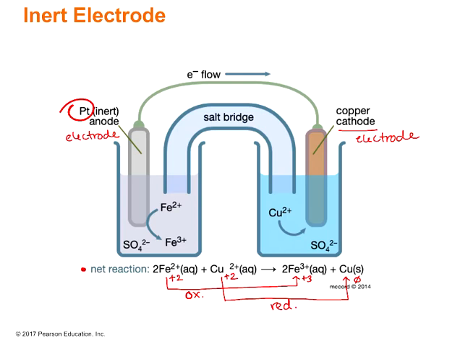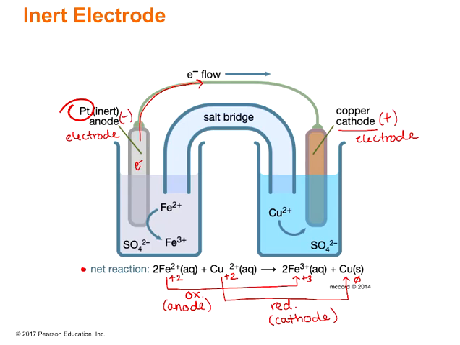Now remember, oxidation occurs at the anode, and reduction occurs at the cathode. All right, so then we know that the iron oxidation will be on the left-hand side. It will be the anode. So that's where electrons are going to be produced. And then they're going to flow through the wire over to the cathode, which again, remember, is positively charged, whereas the anode is negatively charged.